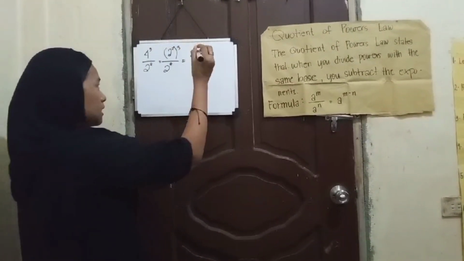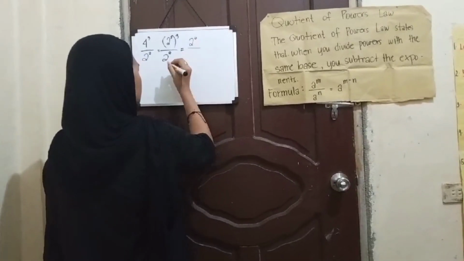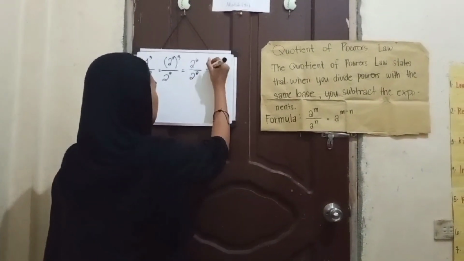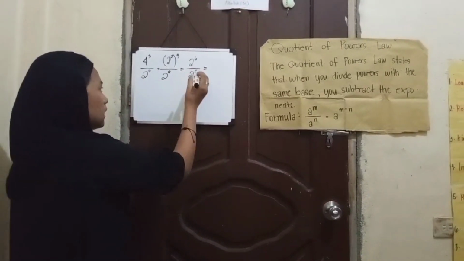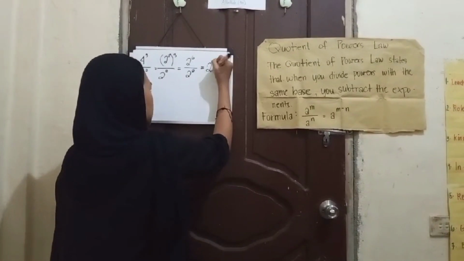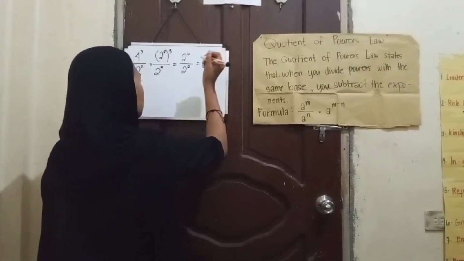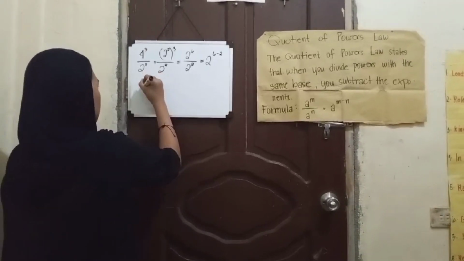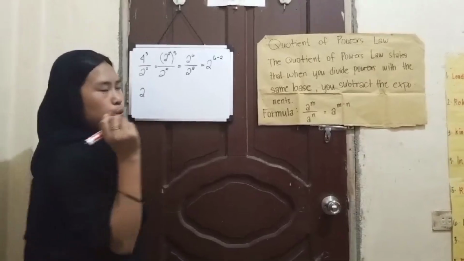So we put the exponent 6 over 2 raised to the power of 2 equals, and then since they are the same base, copy the base and then subtract the exponents. 6 minus 2 equals 2 raised to the power of 4.